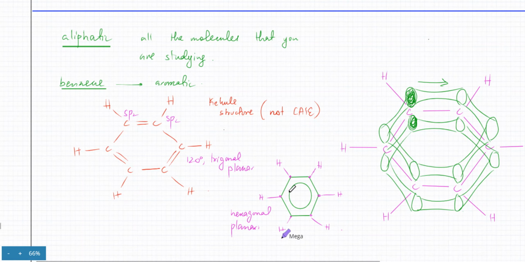So you have a lot of molecules which have benzene, and these hydrogens could be something else as well. Like it could be Cl, it could be OH. But anyways, that's the only thing that you need to learn about benzene. It is in your syllabus, in the AS syllabus, but I have not yet seen any questions that are directly linked to benzene.